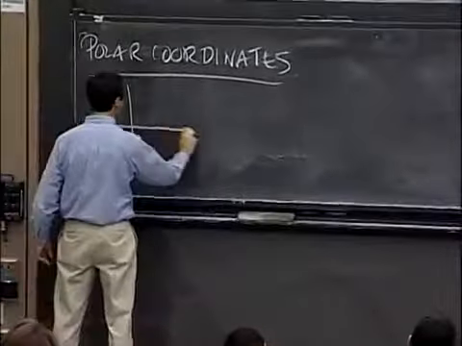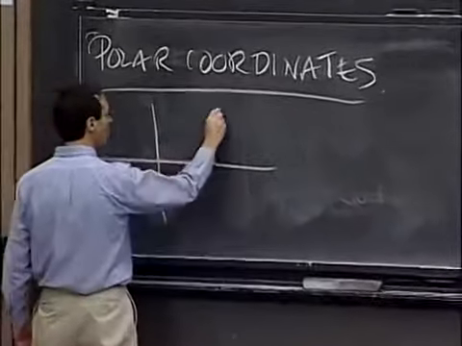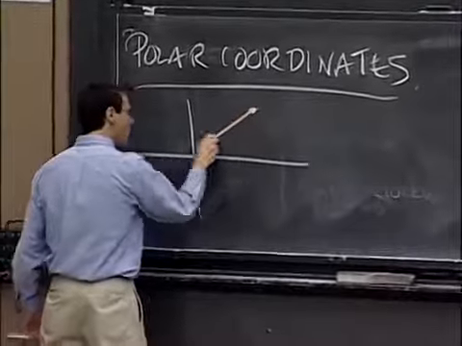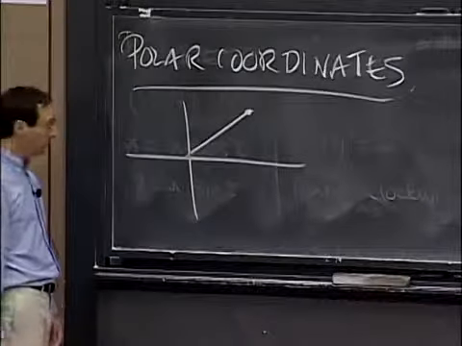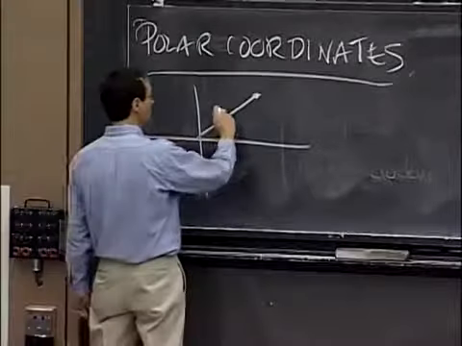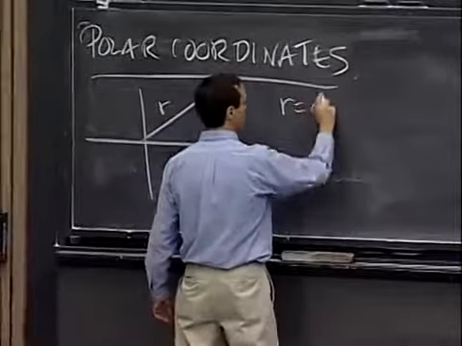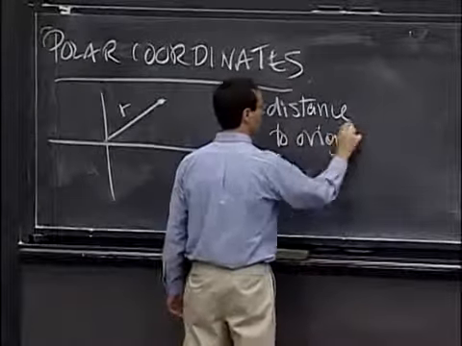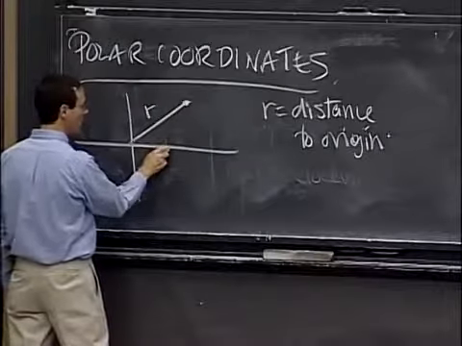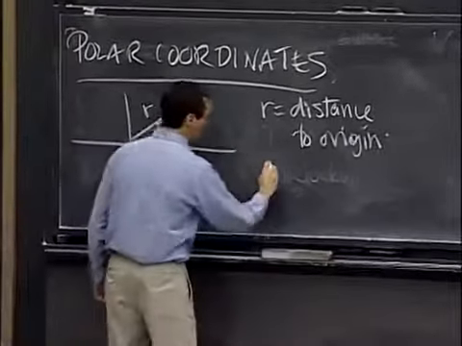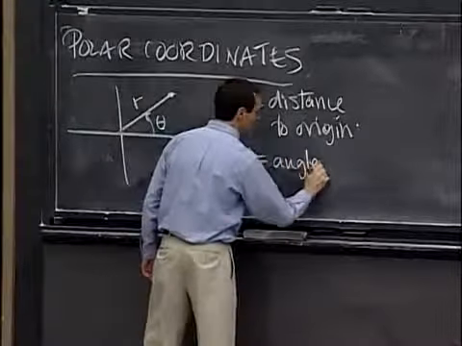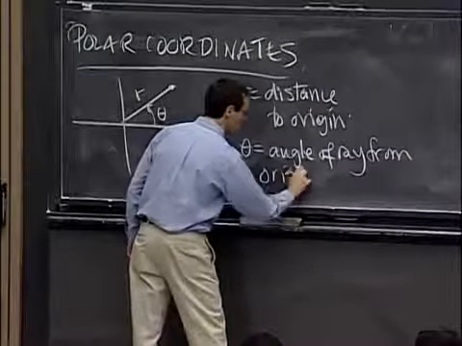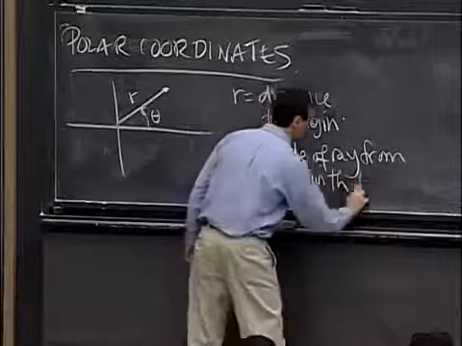It's a way of describing the points in the plane. Here's a point in the plane, and here's what we think of as the usual xy axes. And now this point is going to be described by a different pair of coordinates, different pair of numbers, namely the distance to the origin, and the second parameter here, second number here, is this angle theta, which is the angle of the ray from the origin with the horizontal axis.